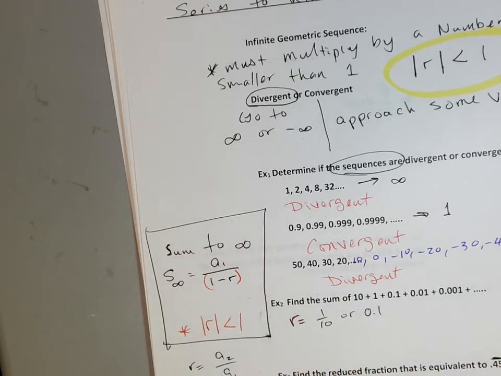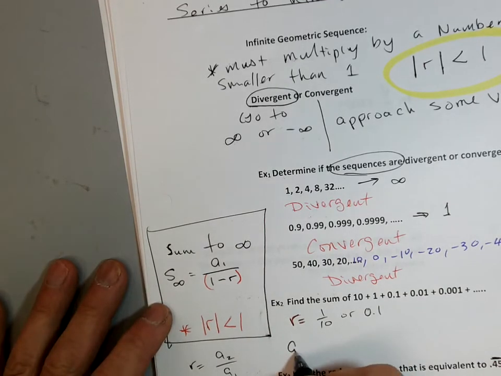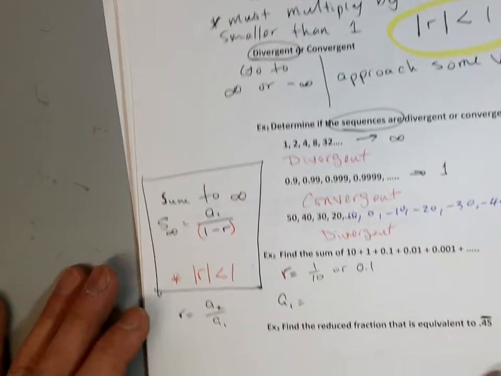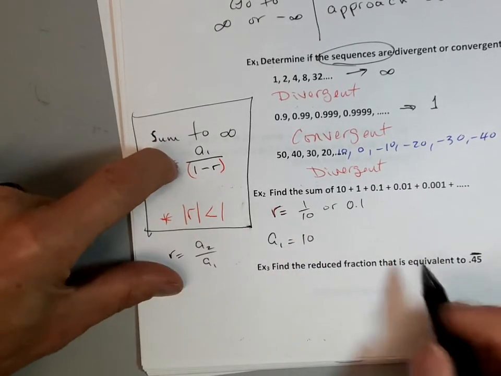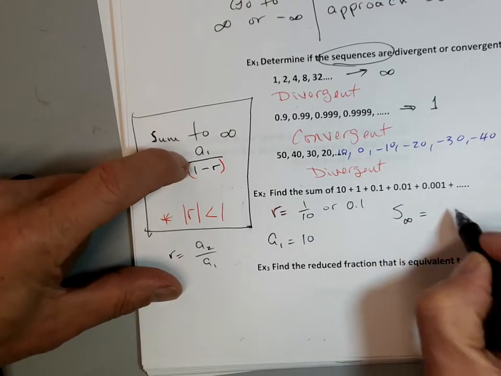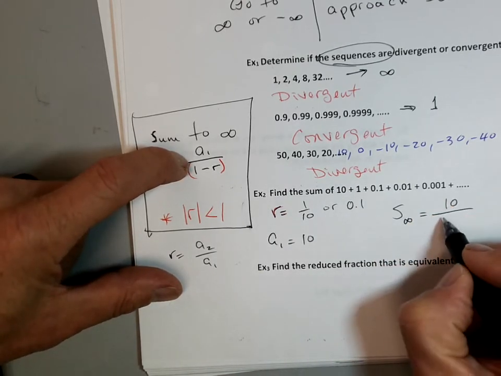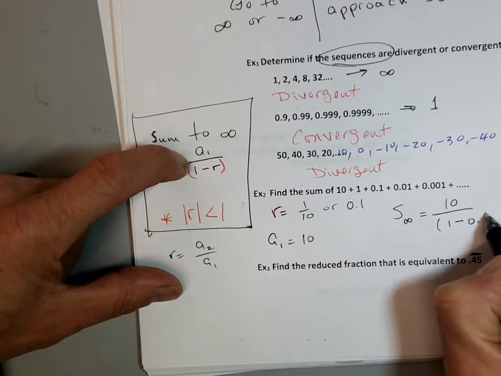Same number, right? And you can see that, right? Multiply by 0.1, multiply by 0.1, multiply by 0.1. So let's use our formula. What's my first term? 10. So my formula is S of infinity equals A1, which is 10, all over parentheses, 1 minus 0.1.